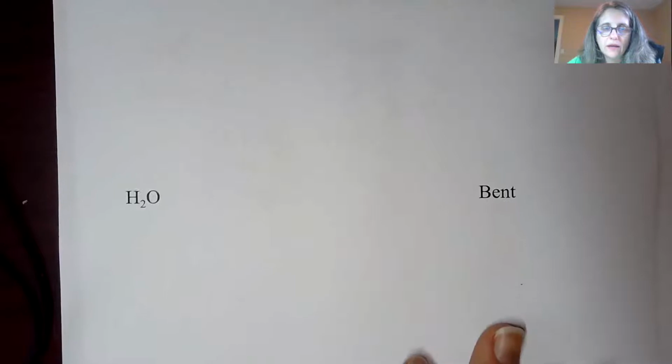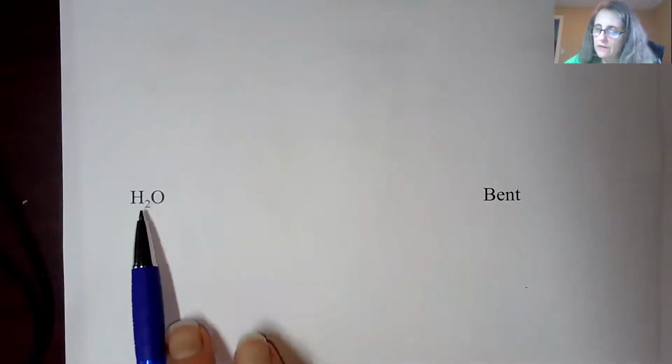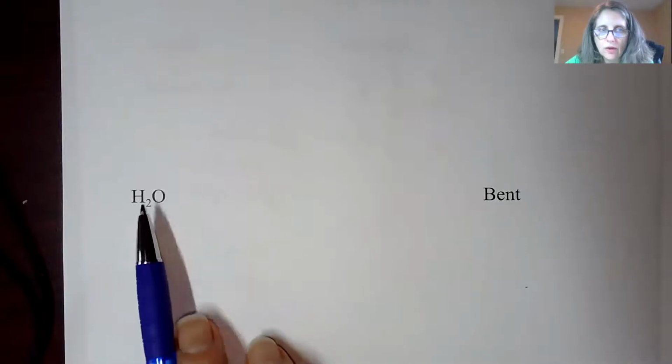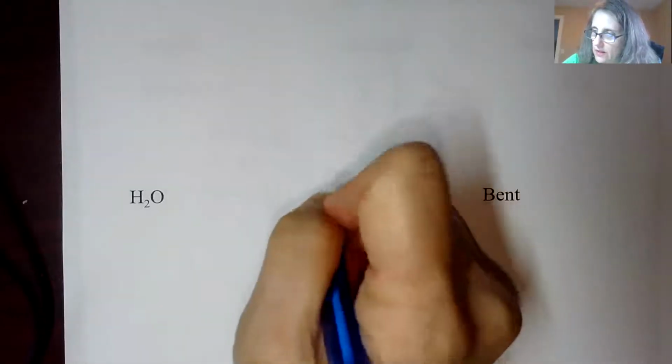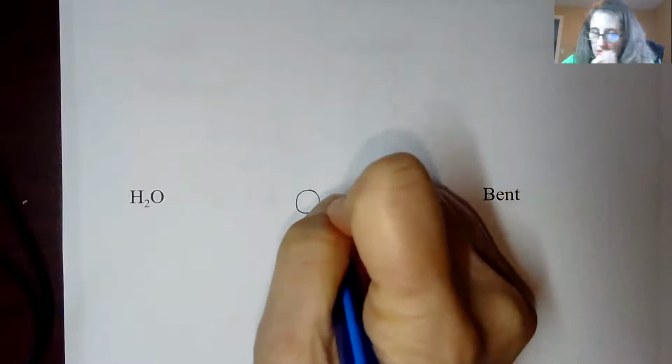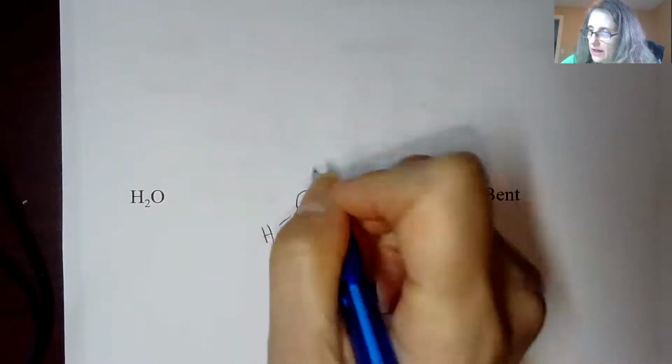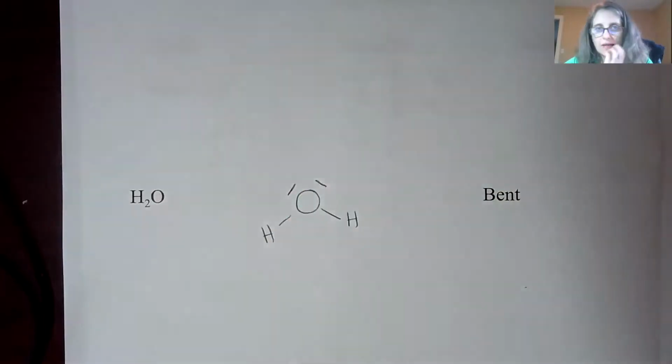All right, then a very famous molecule, water. 2 hydrogens and an oxygen. When you are drawing this, it doesn't have to be drawn this way, but I draw it this way because I know that's how it is in 3 dimensions.